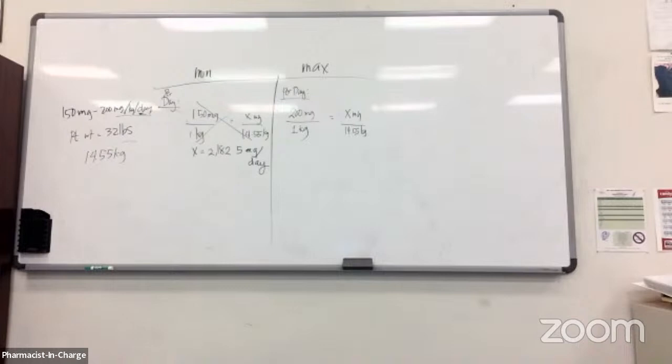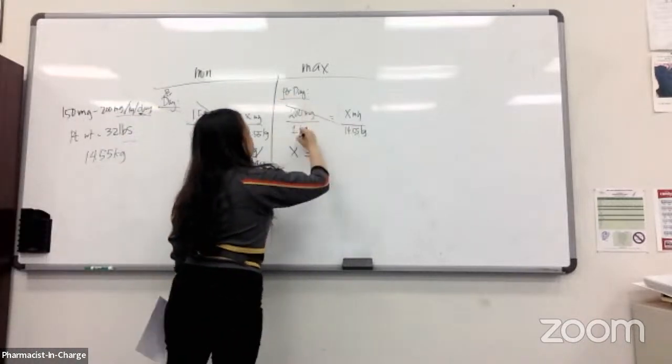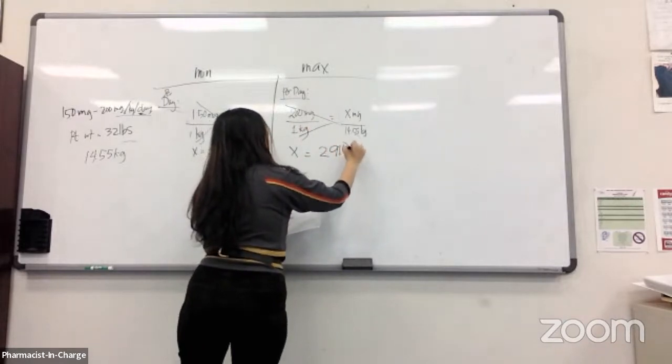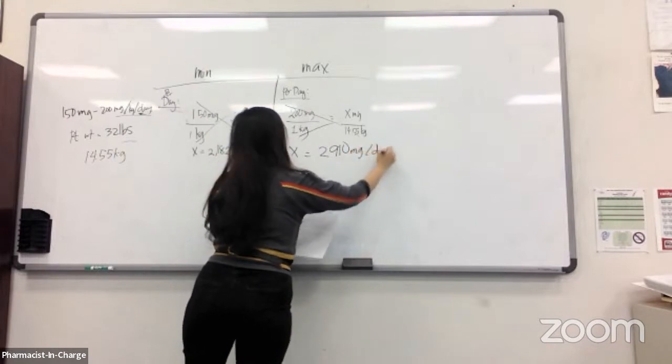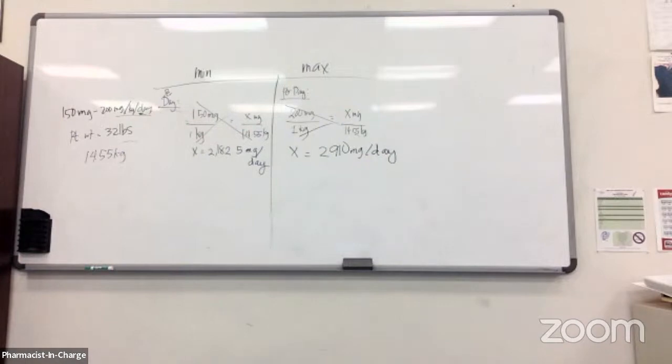And that is my minimum. And then on the other side, I do the same. And this will be 2,910 milligrams per day. I will put per day, so I'm not lost. You follow?